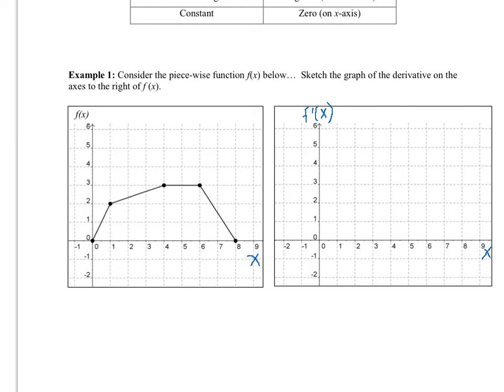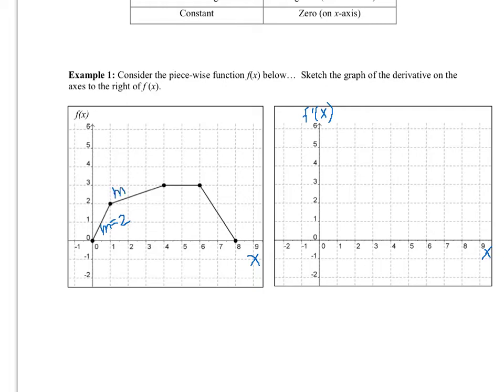Now, because this is linear, you can calculate the exact slope for every segment of this function. So in between 0 and 1, it's rising 2, and it's going across by 1. So that would be a slope of 2. Okay, so the slope equals 2. For the segment from x equals 1 until x equals 4, again, we're rising up a value of 1 here, but we're running a value of 3.